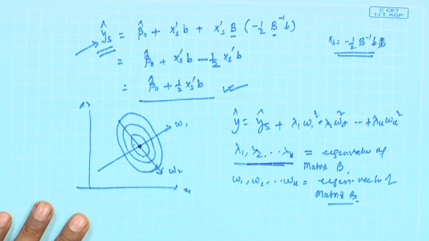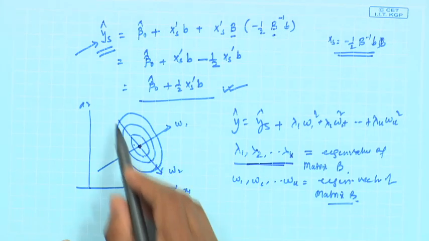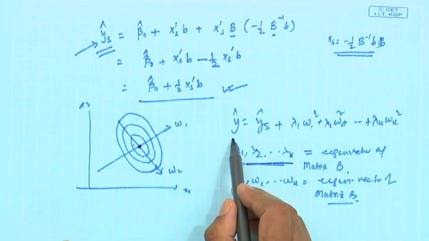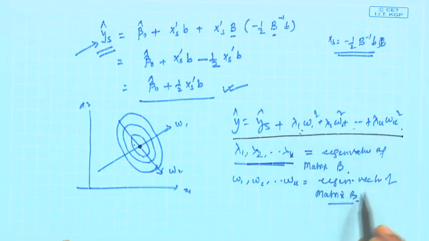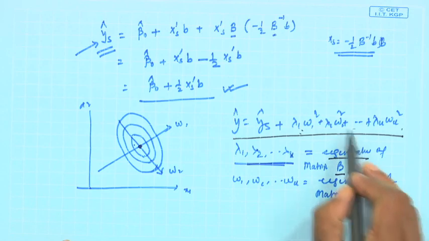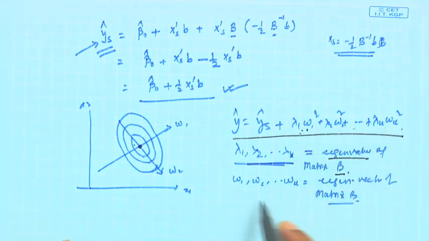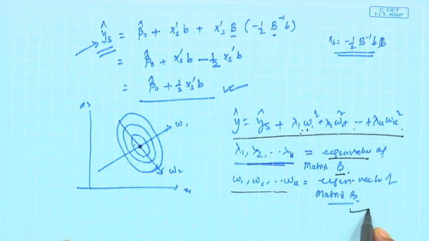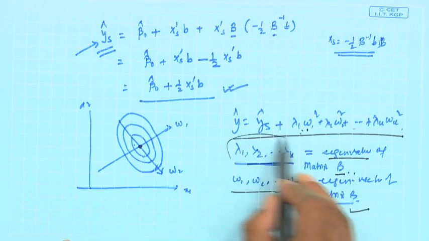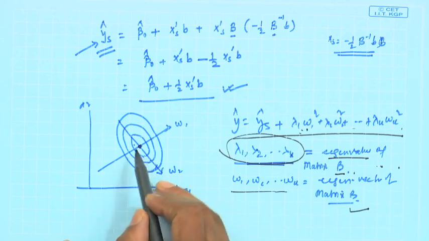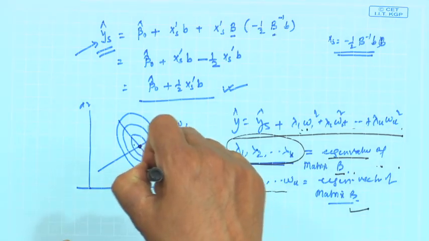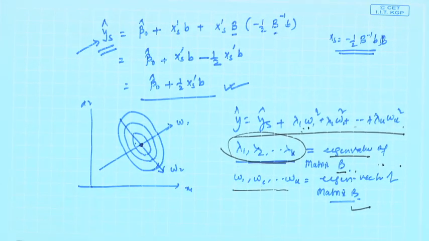So, let me repeat here that once you do this, the lambda values are also there. Lambdas are the eigenvalues of B, and the omegas are the eigenvectors of B, and then seeing the value of lambda, you are in a position to tell whether the stationary point is a point of maximum, point of minimum, or saddle point.